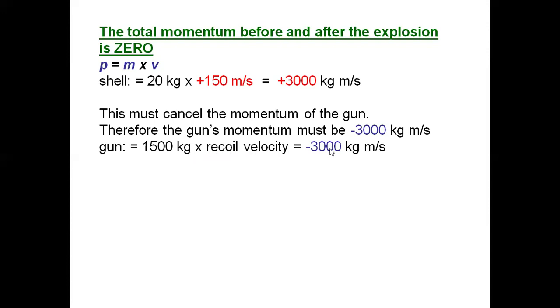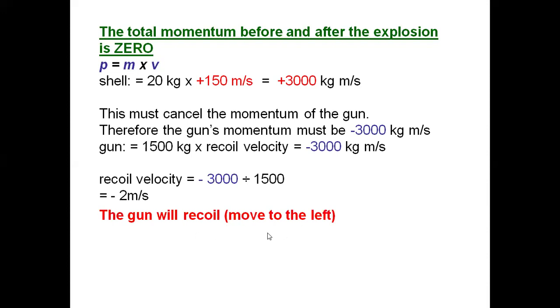Mass into velocity, momentum will be 3000 and negative, in the opposite direction. So the velocity will be 2 meter per second in the opposite direction, that is minus. Because the gun is heavy, its velocity is smaller. Mass into velocity of the gun will be equal to the mass into velocity of the shell. So the gun will recoil in the backward direction, that is left, with a velocity of 2 meter per second.